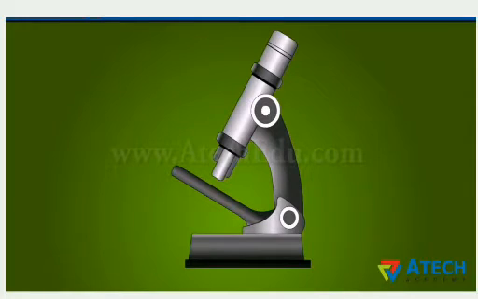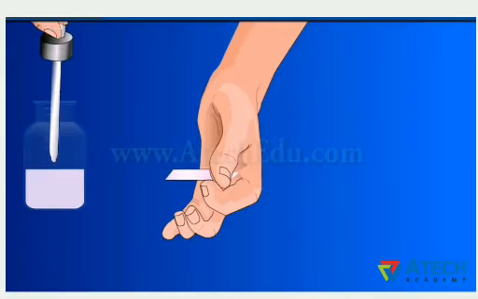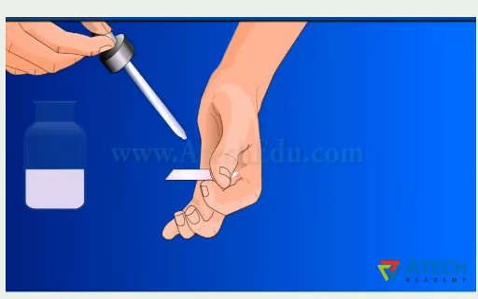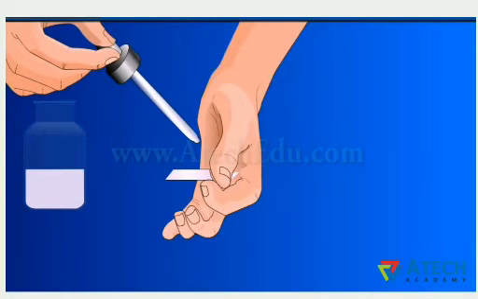Cells are studied with the help of a microscope. Microscopes are high-resolution instruments that are used for observing the fine details of very minute objects. Specimen like the inner fleshy leaf of an onion bulb is taken on a glass slide. Then a drop of iodine solution is put and a cover is placed. The slide is then observed under a microscope.